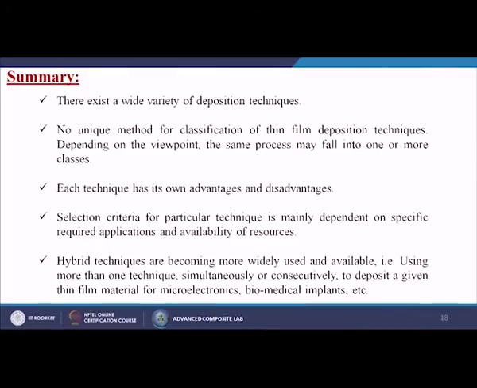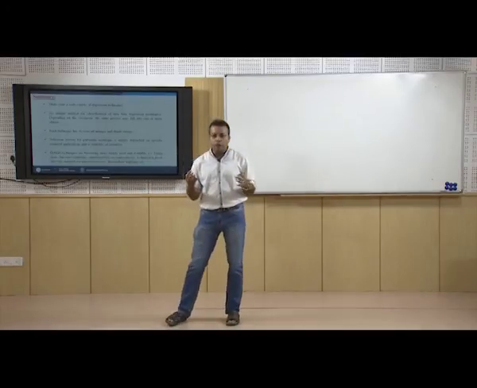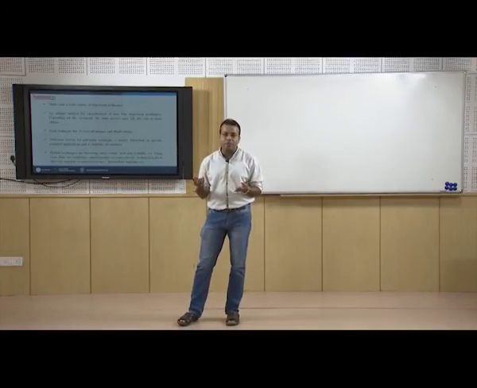Each technique has its own advantages and disadvantages. Selection criteria for particular techniques are mainly dependent on the specific required applications and availability of resources. Hybrid techniques are becoming more widely used and available, because nowadays we are making different types of materials and more and more advanced materials.